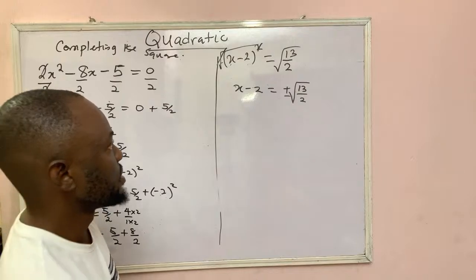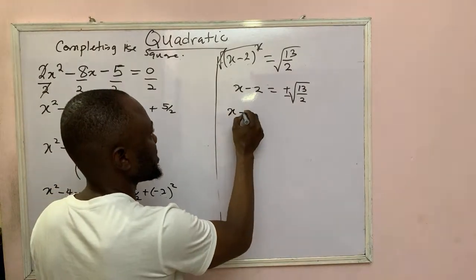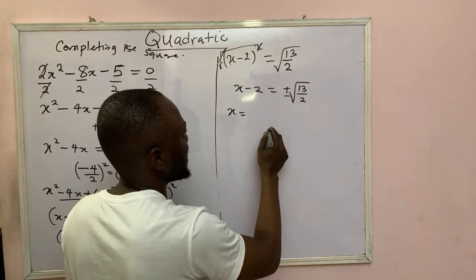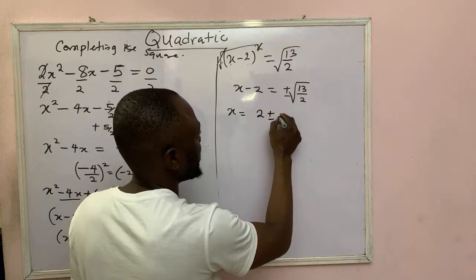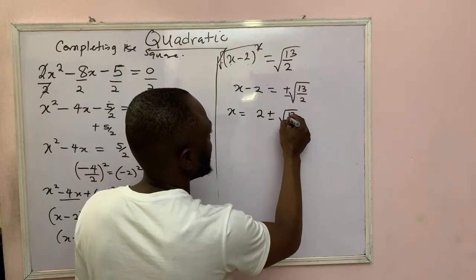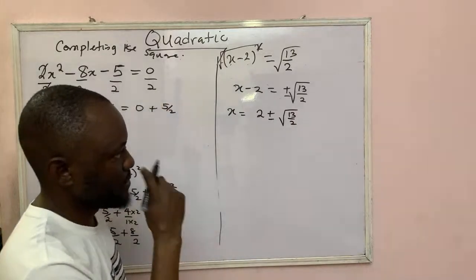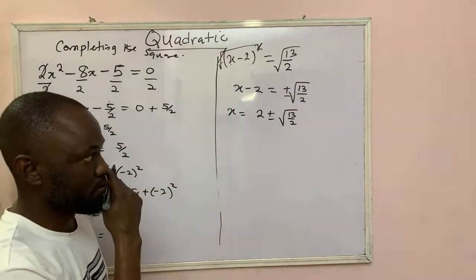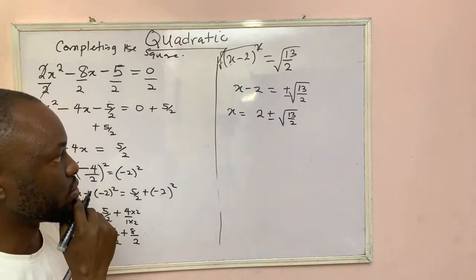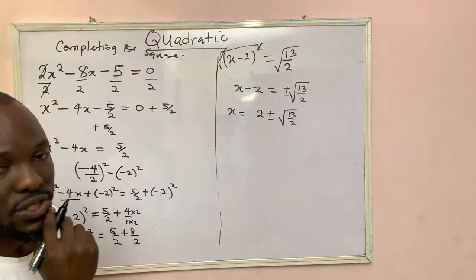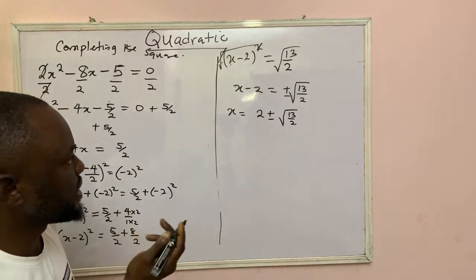So x equals, if I take this to the other side, 2 plus or minus the square root of 13/2.